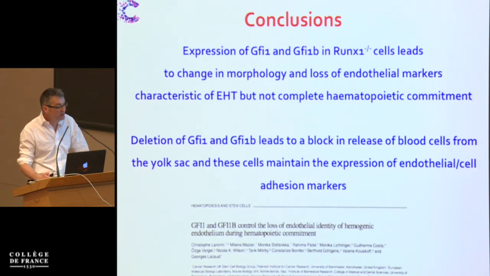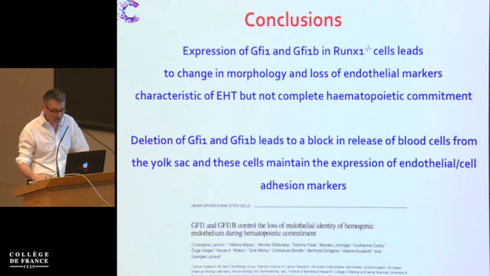So if I put this all together, what I've shown you is that downstream of RUNX1, GFI1 and GFI1b are very critical to downregulate the endothelial program, but it's not enough to induce the hematopoietic program. And conversely, if we delete GFI1 and GFI1b, these cells are generated, but they cannot be liberated and cannot be disseminated in the embryo.